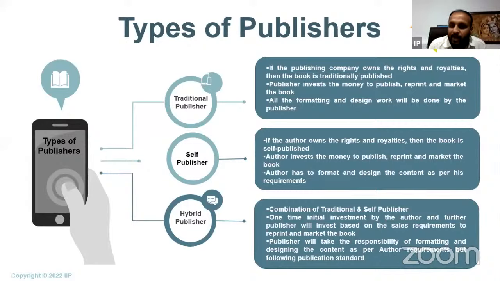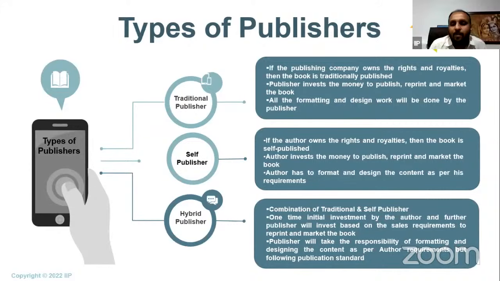So this is the combination of traditional and self-publisher, and the author has to bear the initial amount. Initial investment will be from the author, and further, the succeeding investments will be from the publisher for all the sales: traditional publisher, self-publisher, and hybrid publisher.